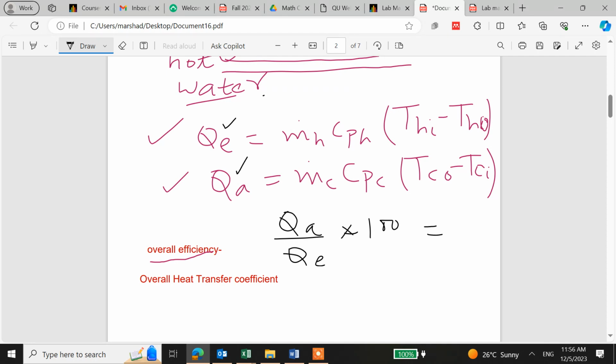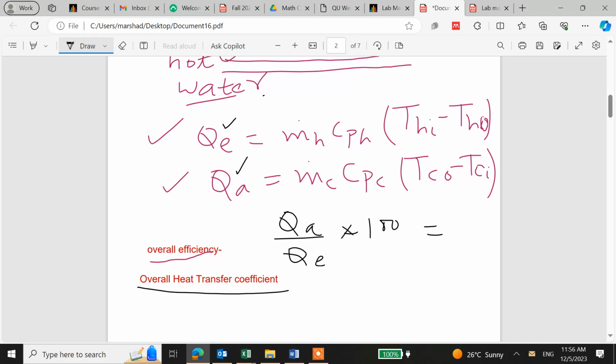So if the absorbed is more, it means that the cold water is getting some heat from outside as well, and the opposite otherwise. So Q absorbed by Q emitted, right? The main job for us is to find the overall heat transfer coefficient.